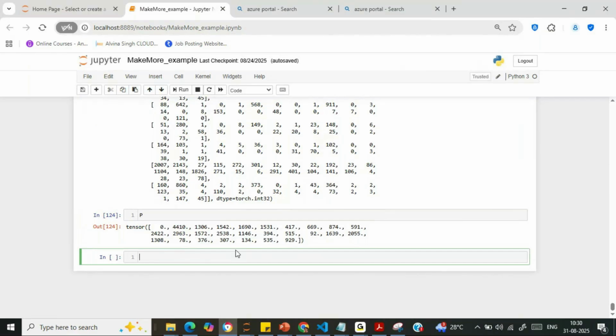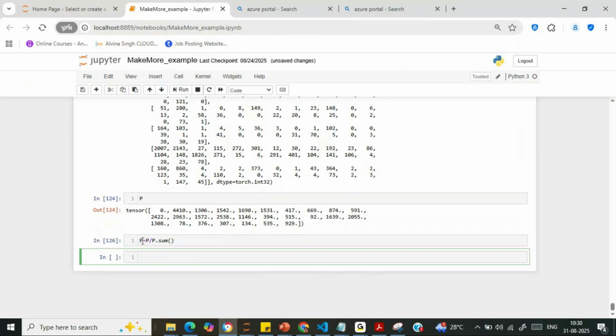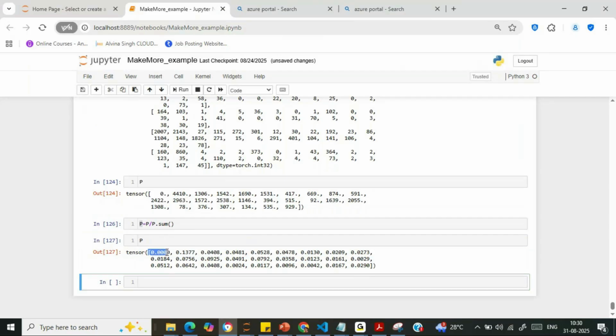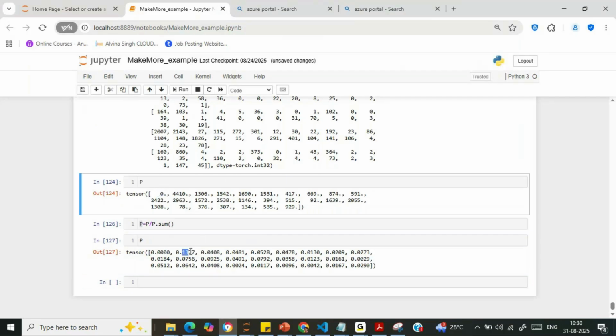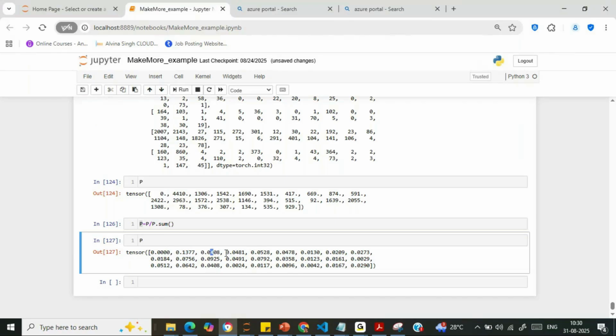Now if I calculate capital P equal to capital P divided by capital P dot sum, it will provide me the percentage with respect to each and every element in a given row. So this is having 0 probability, this is having 13%, 4%, 4%, 5%.